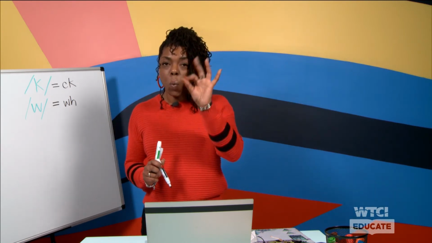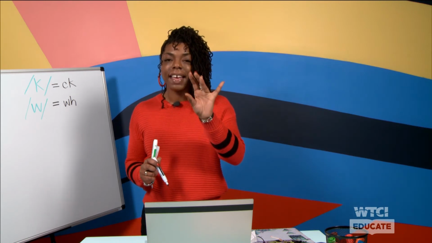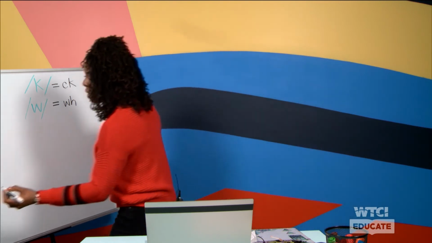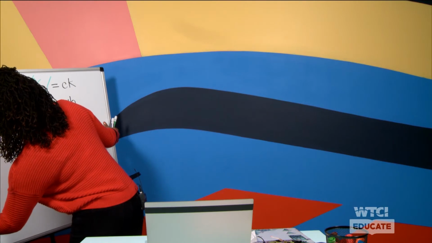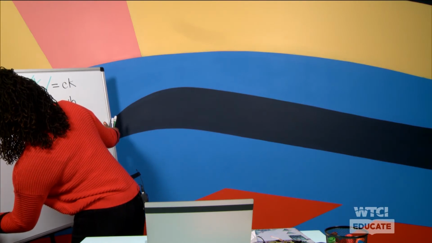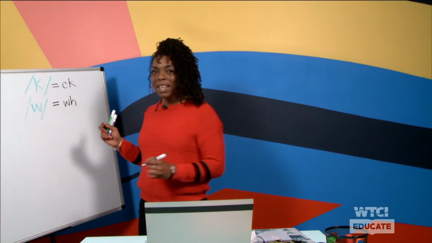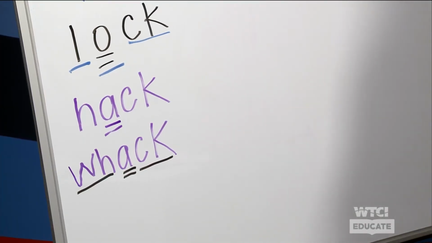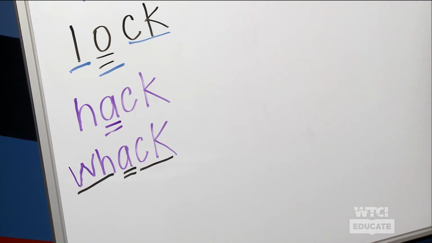Okay? W, o, K. Let's look at it. W, o. There's our short vowel. K. How many sounds did you hear? How many phonemes did you hear? We're still at 3. Great job.